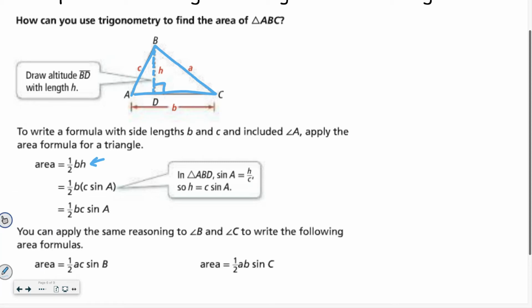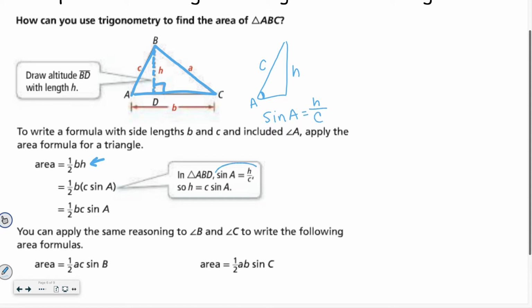And if I look at this, I would have 1/2 base, but the way I would solve for that height would be to take that smaller side and this angle, A, and say sine of A equals my opposite side over my hypotenuse.